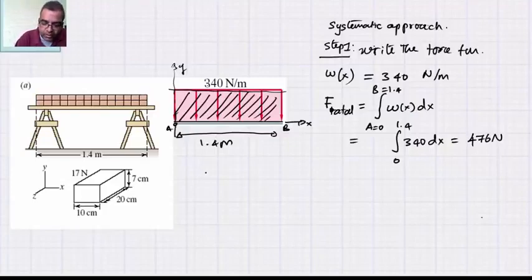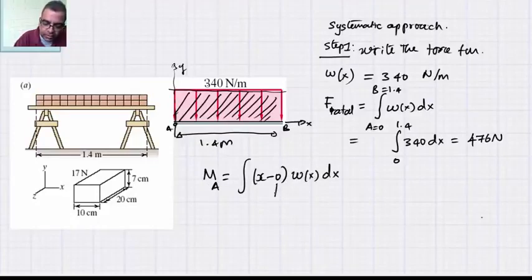How about the moment? I'm going to calculate the moment around A. So it's the integral of x minus 0 times W of x dx. This is x of A. I'm doing this in a kind of painful way, but you know what I'm doing, right?